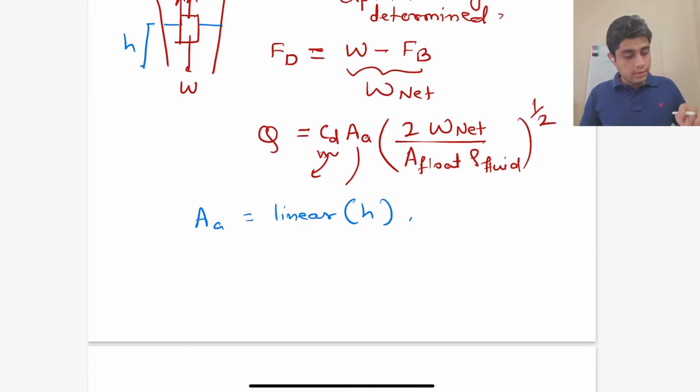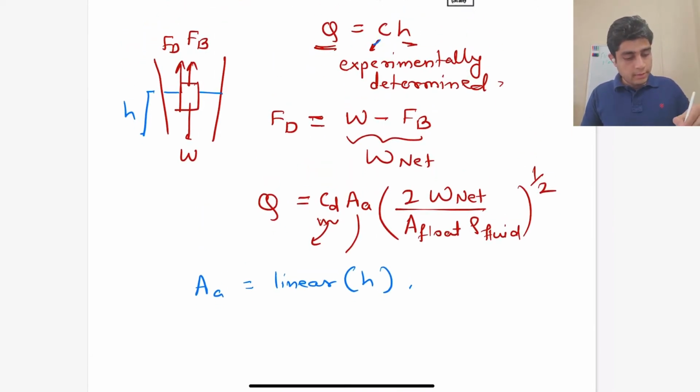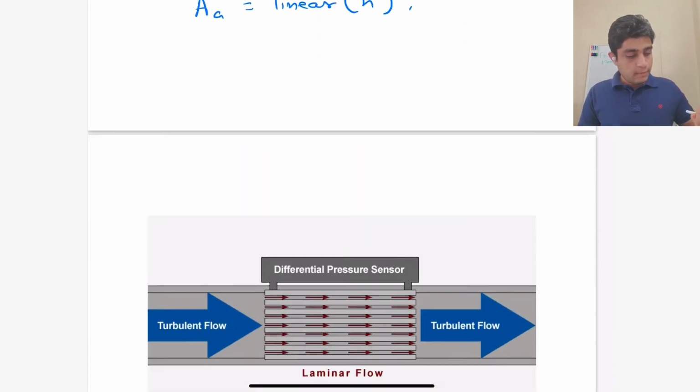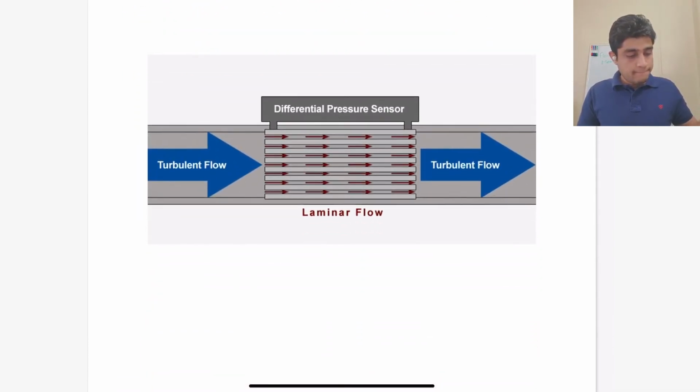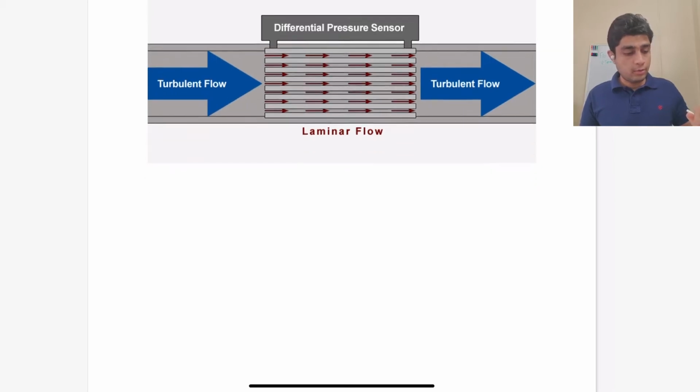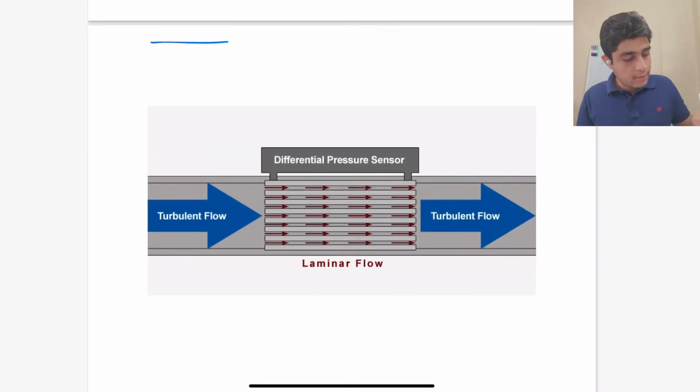So from here we can find this constant of proportionality c, and we get the flow rate. And in most flow meters, the flow is usually turbulent, so the velocity profile is blunted and uniform because of the mixing that goes on in a turbulent flow.